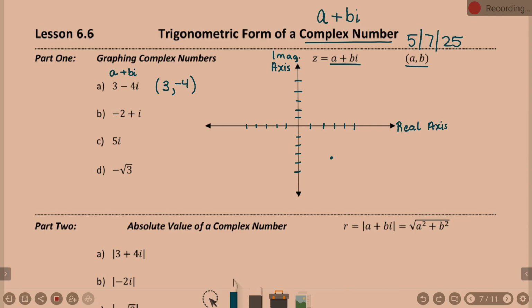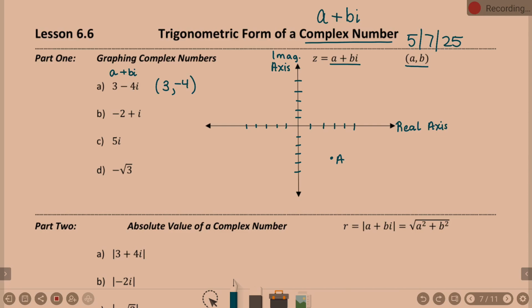Right 3, down 4, and this is what I'm going to call point A, because it was question A. Are we okay with this? It is really this easy on this portion, I promise.